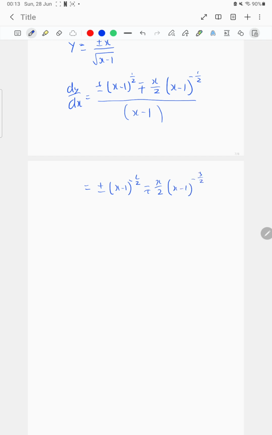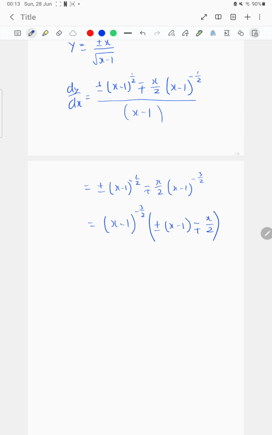We can see that we can factorize it. So let's take x minus 1 to the power of negative 3 over 2 outside, and then that is plus or minus x minus 1 minus or plus x over 2.